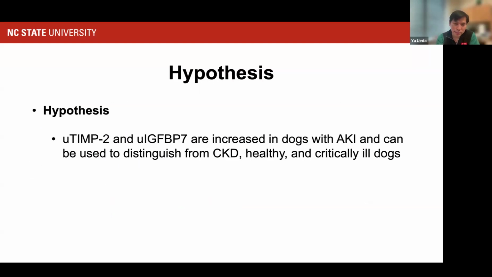So the hypothesis of this study was that urinary TIMP2 and urinary IGFBP7, these stress markers, are increased in dogs with AKI and can be used to distinguish them from the CKD, healthy, and critically ill dogs.